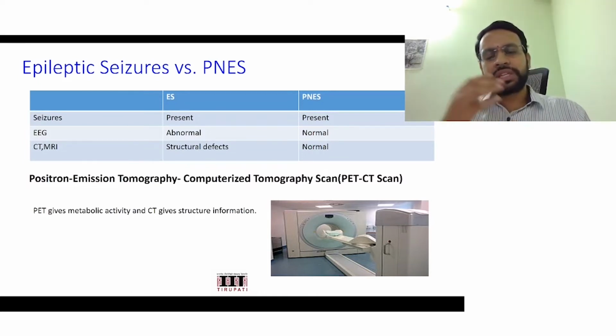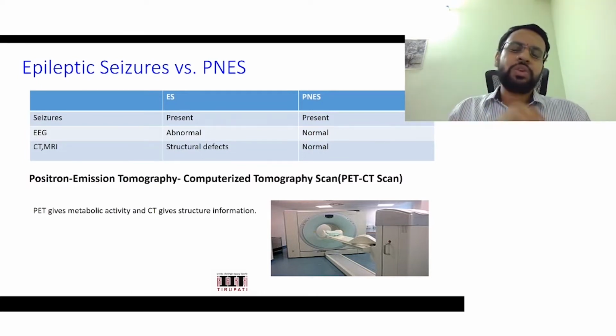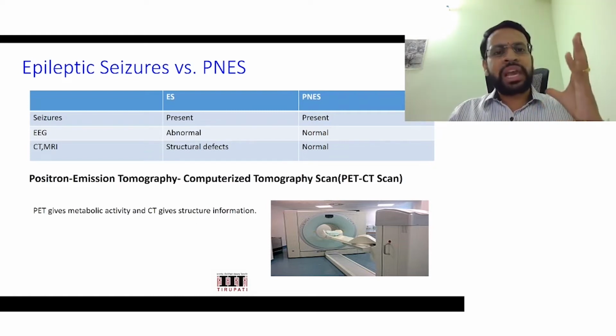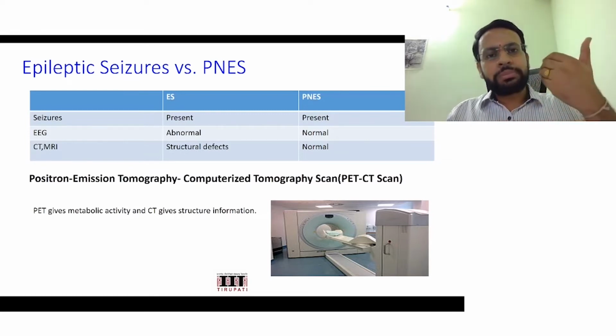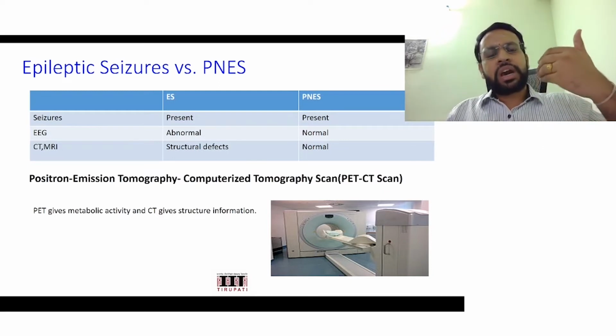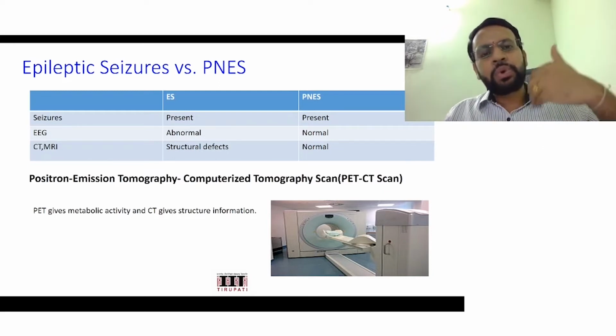Even if you take CT or MRI scans, you won't be able to see any difference there. However, the hypothesis here is, if you look at the metabolic activity of the brain, there are certain regions in the brain where you could observe either hyperactivity or hypoactivity.